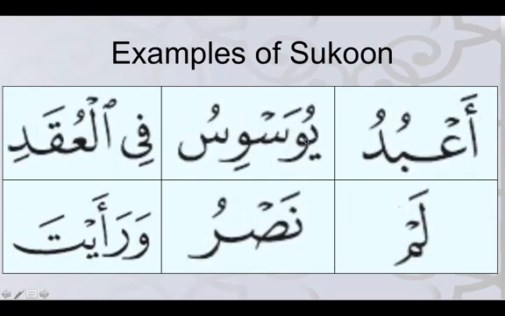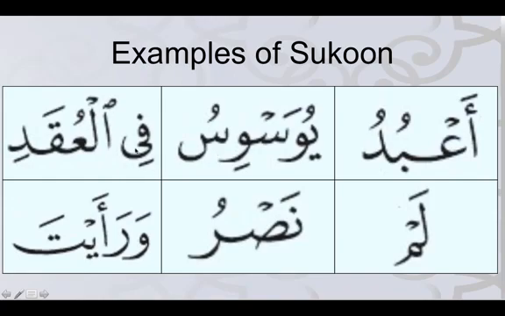Waw fatha sin sukun makes a single syllable, and the syllable is was. The sin is not moving. It's not moving up with a fatha, it's not moving down with a kasra, it's not moving sideways with a dhamma. You can visualize it that way. It's not moving at all. It's at rest. So you combine it with this letter that has a movement on it, a fatha. Was. Waw fatha sin sukun: was. So the word is yuwaswisu.